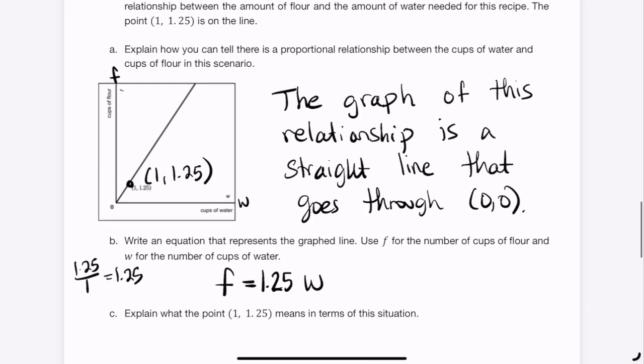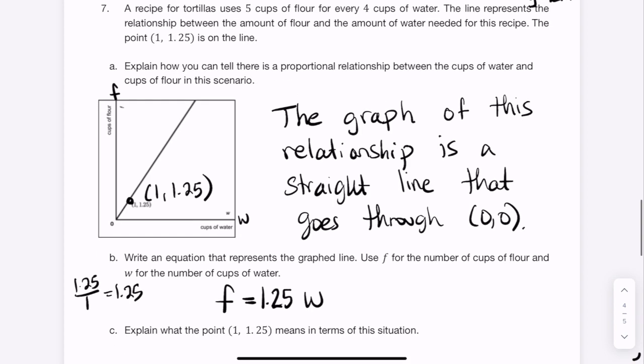And what is it saying, right? It's saying we're talking about this relationship between cups of flour and cups of water. So 1 here matches with my cups of water because that's my x-coordinate. And 1.25 matches here with my cups of flour. So what is it saying?